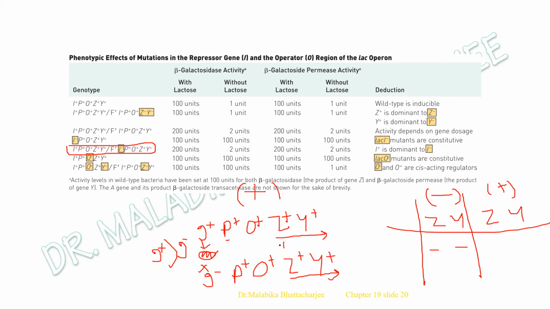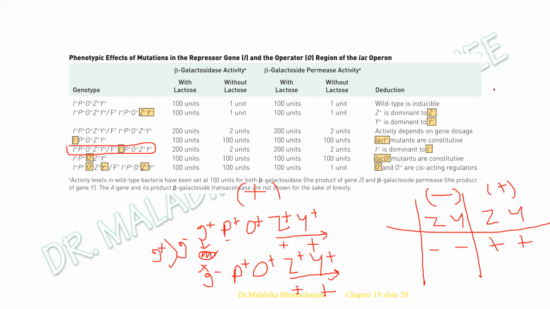So we are getting the product of Z and Y. So in presence of lactose, we will be getting a scenario like this. So with this, we complete one part of the Lac Operon.